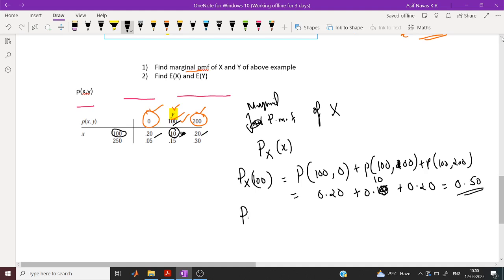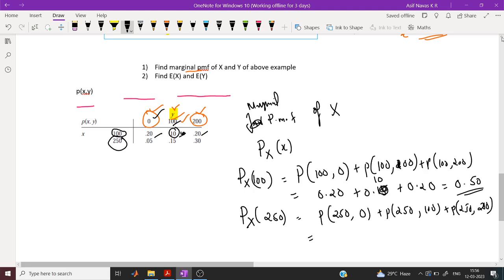Similarly, for Px of 250, we fix 250 and vary y: p of 250, 0 plus p of 250, 100 plus p of 250, 200.